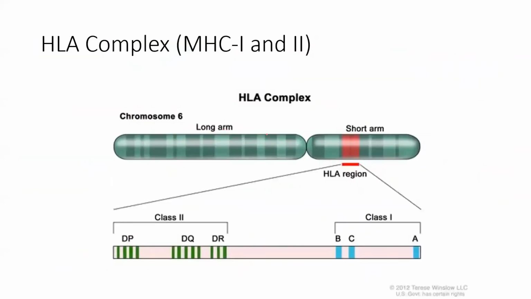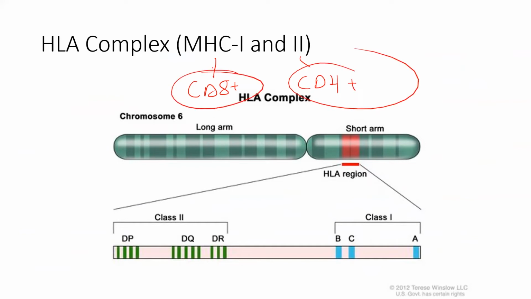No. Okay, so back to MHC class 1. So MHC class 1 goes to CD8, and MHC class 2 goes to CD4 positive, right? And those are your helpers that we're talking about. CD8 are cytotoxic T cells. They're the ones that go over to the virally infected cells and directly kill those cells to get rid of the viruses.